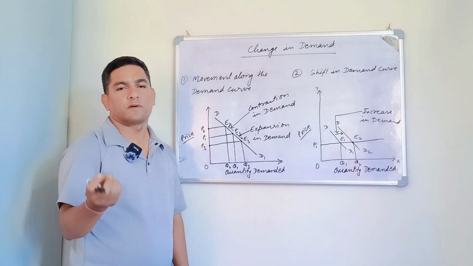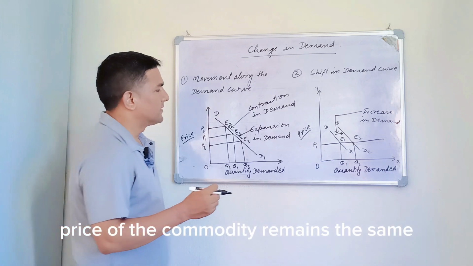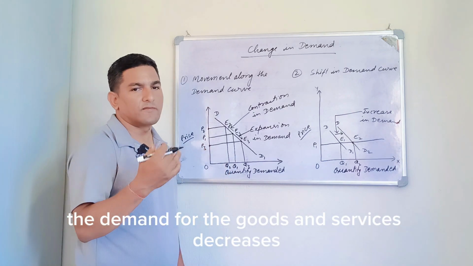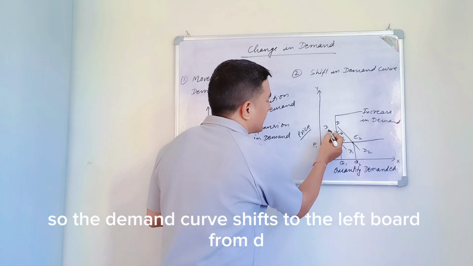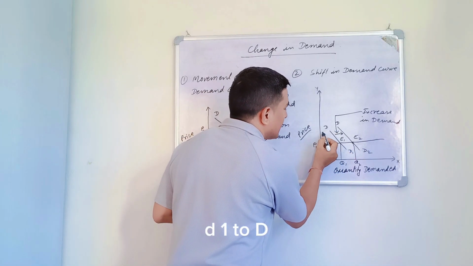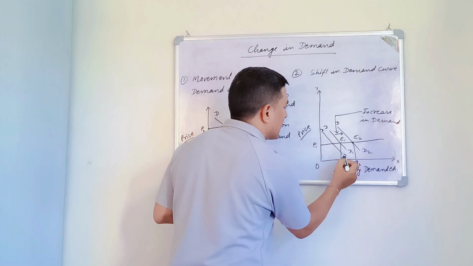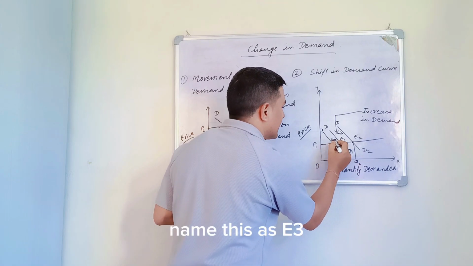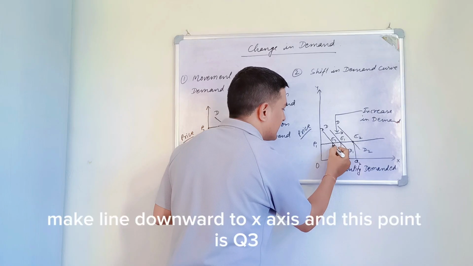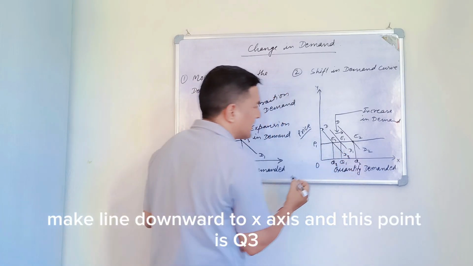Suppose the income of the consumer decreases, and the price of the commodity remains the same. The demand for the goods and services decreases, so the demand curve shifts leftward from D1 to D3, and we name this E3. We make a line downward to the x-axis, and this point is Q3.